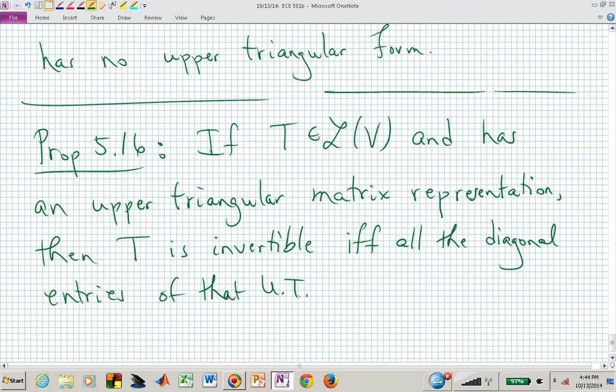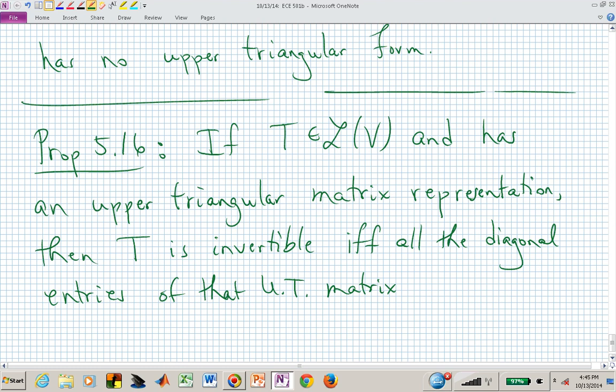of that upper triangular matrix, what do you think needs to be true for all of those diagonal entries for this map to be invertible? They have to be non-zero. Not positive, not negative, just non-zero. So if T is a linear operator and has an upper triangular matrix representation, boom.